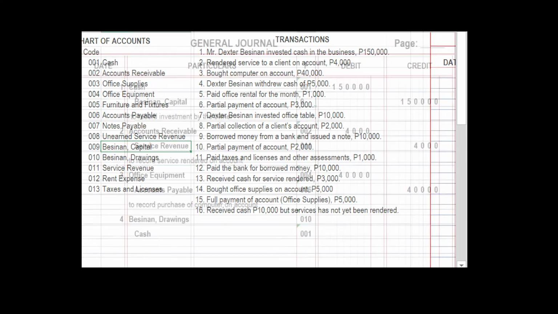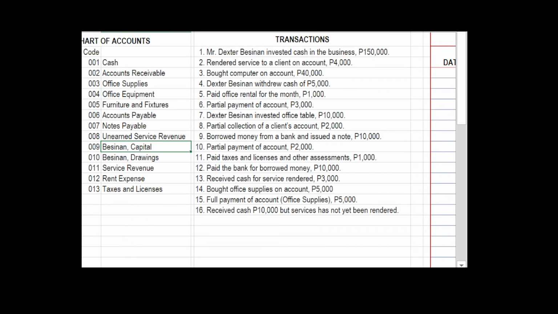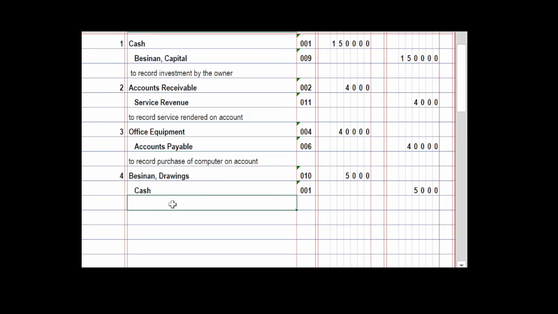Capital is 009. Okay, so yung amount natin, again, is 5,000. So, lagay natin yung 5,000 dito. Again, to record withdrawal by the owner.